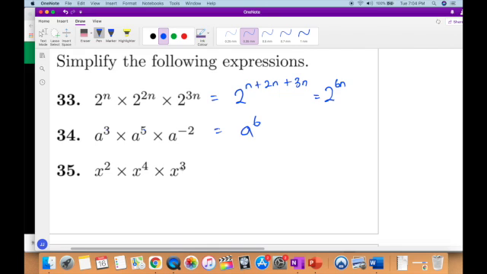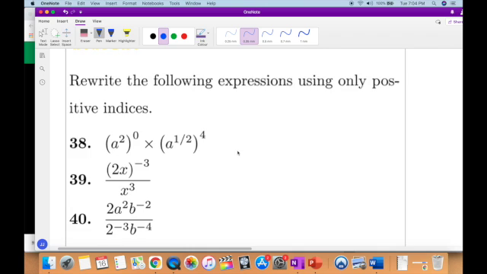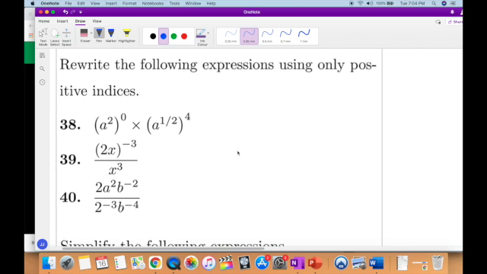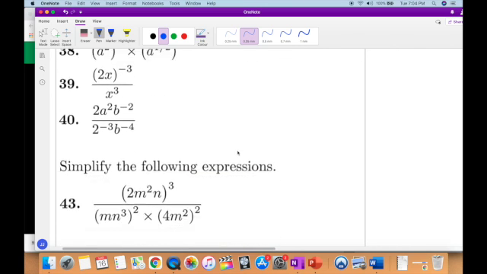And this one, x to the power of 4, 5, 6, 7, 8, 9. So you just add the indices. We have some slightly tougher indices questions here now.